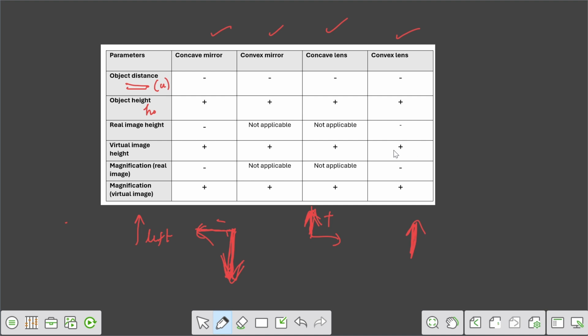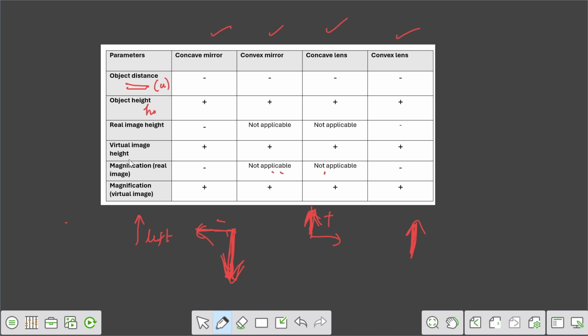Now magnification, real. Magnification, if it is real, all negative. Here, these two cases, we know that there is no real. So only concave mirror and convex lens has real and it is negative. And virtual magnification, plus, plus, plus and plus.